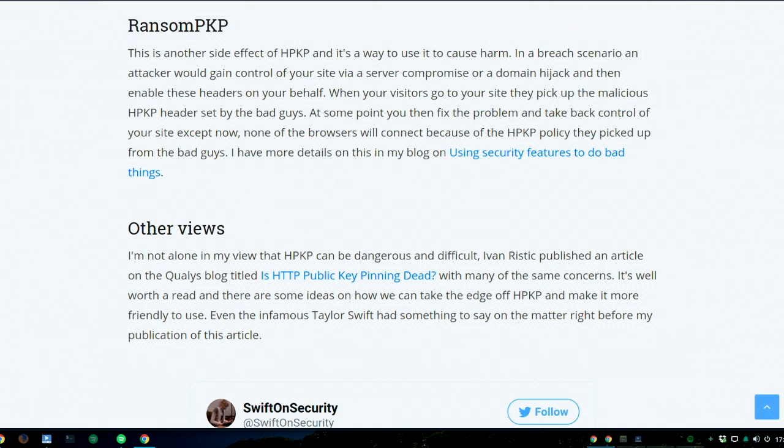Now, I skipped over some stuff they were just talking about, and then he says, in the end, the point will always remain that it's hard to deploy and easy to get wrong. When I think about the purposes of HPKP, though, which is to protect the host against misissued certificates from a rogue or compromised CA, HPKP was created when we didn't have any other mechanism to help us with that.